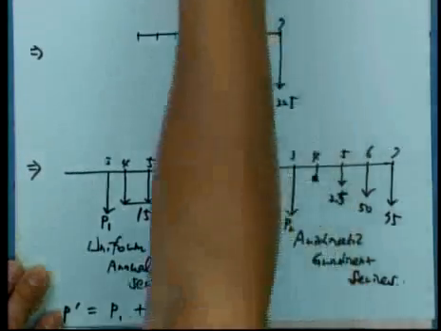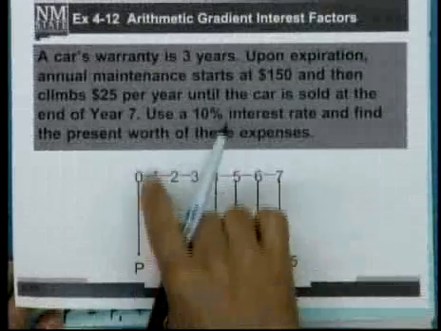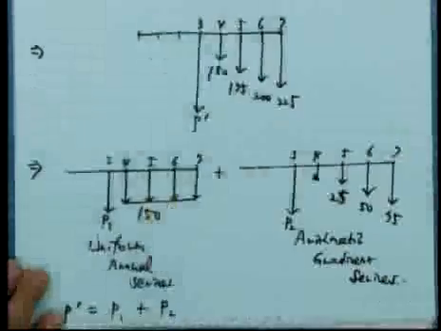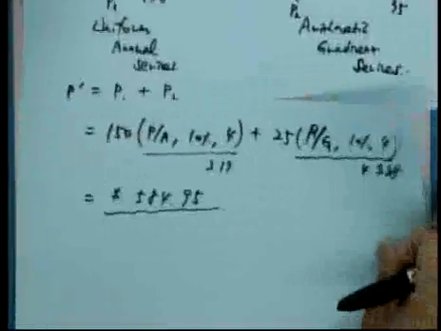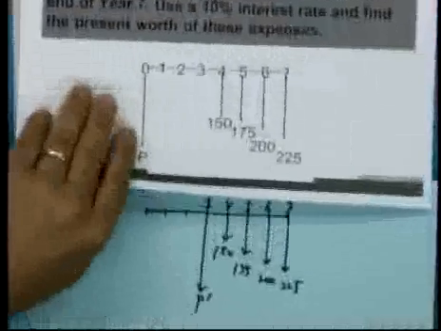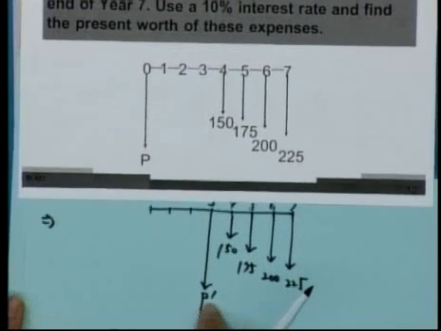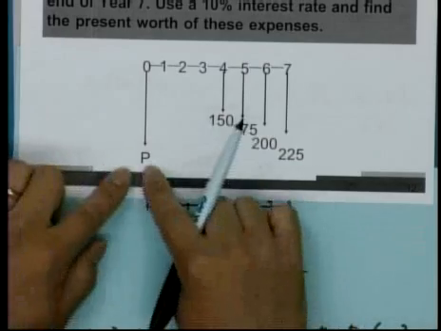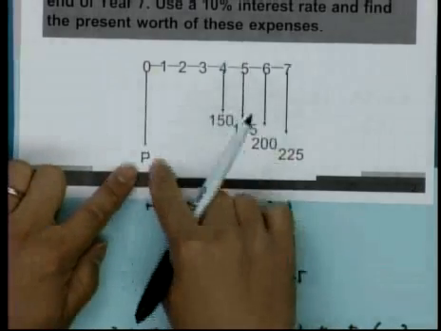Okay, this is not the P value at the end of period 0. So next, what you need to do is convert this P prime to the equivalent present sum of P at the end of period 0. Okay?